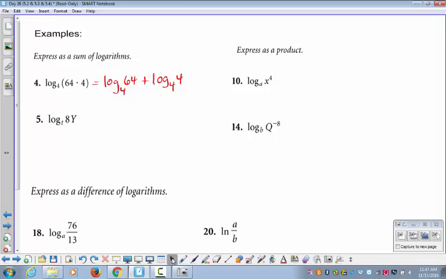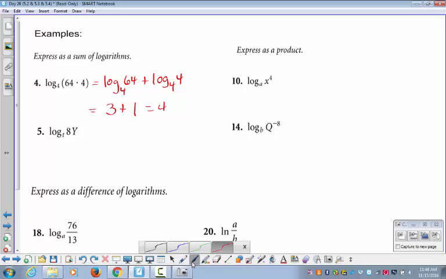That we could actually reduce if we wanted. Let's do it just because it's good practice. What is log base 4 of 64? 3. Because 4 to the 3 is 64. And what's log base 4 of 4? 1.